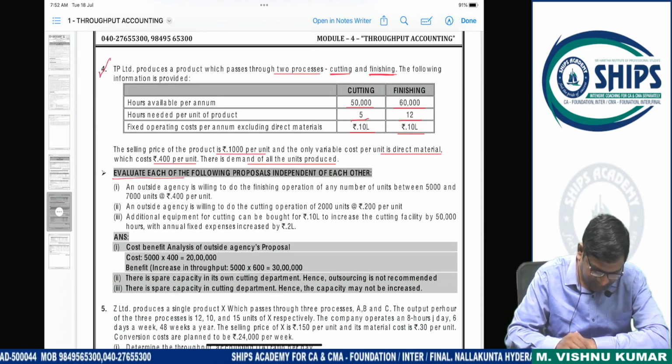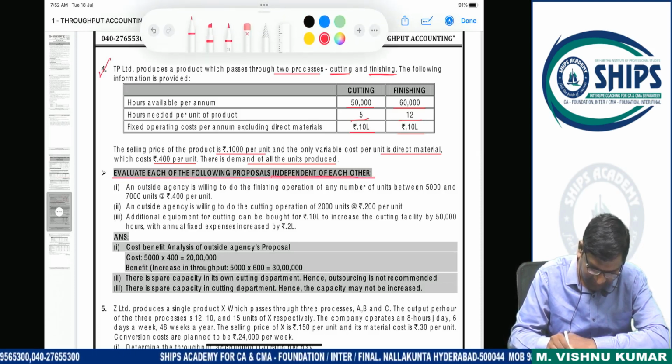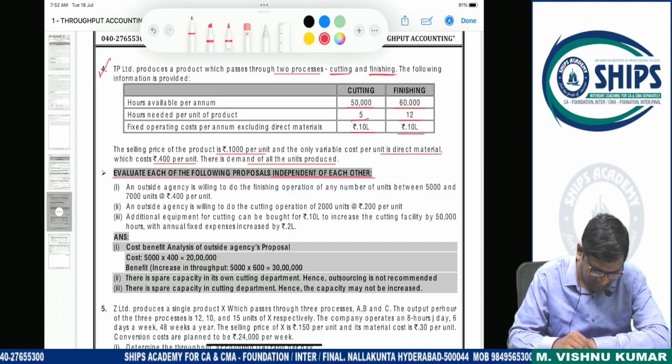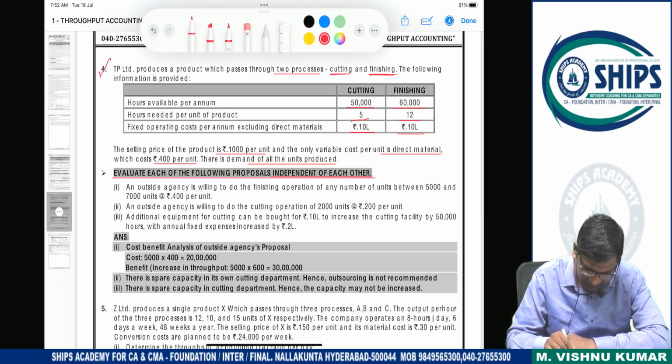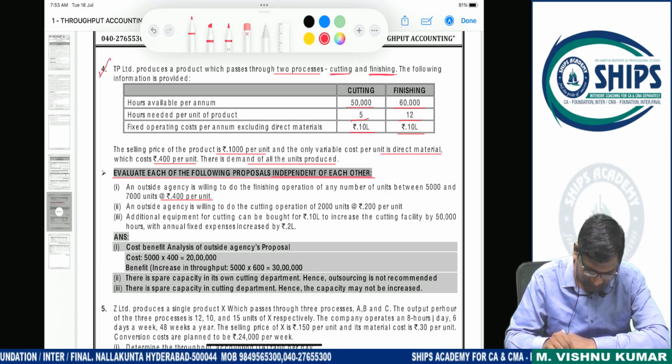Evaluate each of the following proposals independently. So these are independent situations.